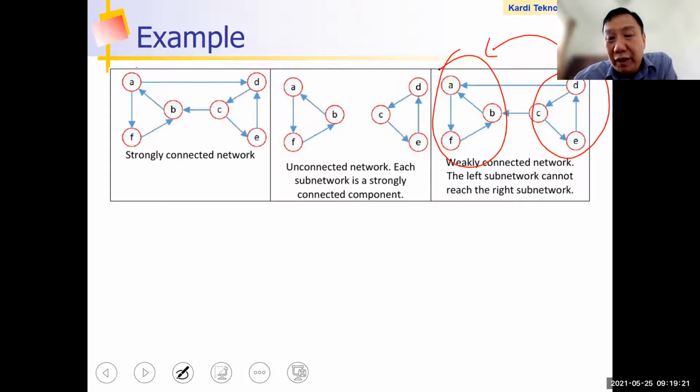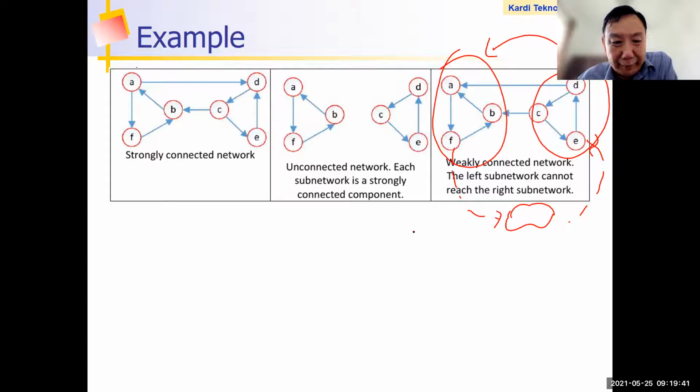So this is a weakly connected network. If you have a weakly connected network like this, you create a cloud node and then you connect, then it will become strongly connected. Clear? Any question?